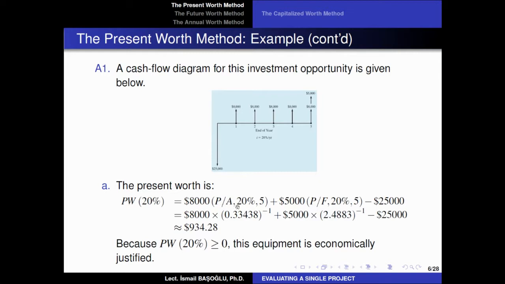Now, for P over A and P over F, we can check these values from our compounding factor tables, the first table that we use. For P over A, we need to check A over P, which is the capital recovery factor. The capital recovery factor under a 20% interest rate for 5 years is 0.33438, but the uniform series present worth factor is the multiplicative inverse of it.